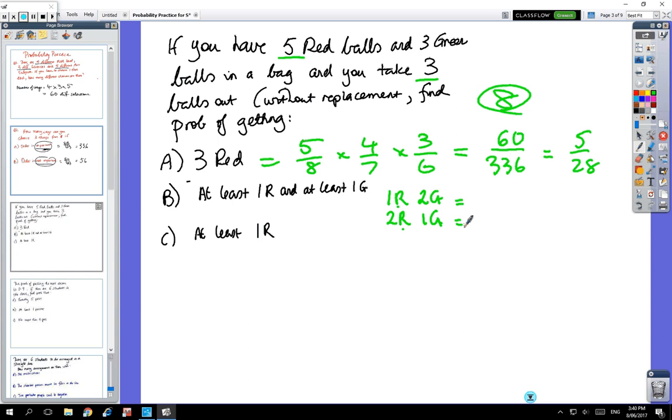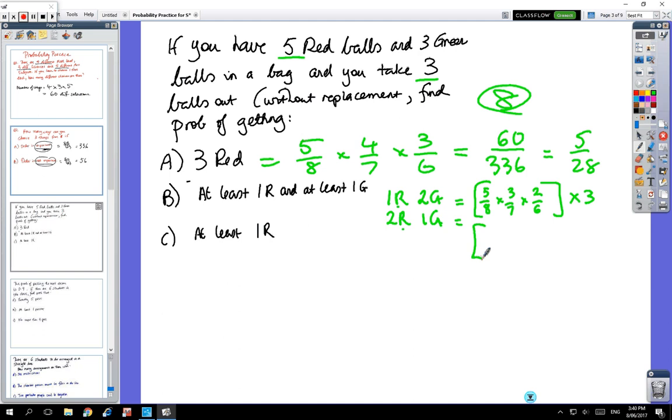So orders. We've got 1 red, so 1 red is 5 over 8, and then the greens are 3 over 7 times 2 over 6, and because the red and the 2 greens could be in any order, we multiply that by 3.